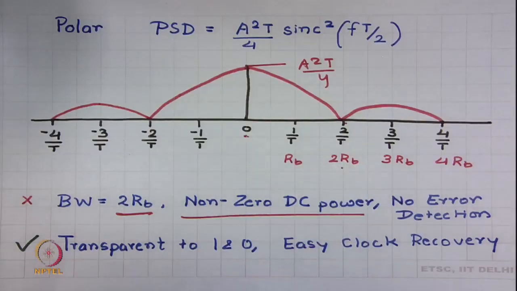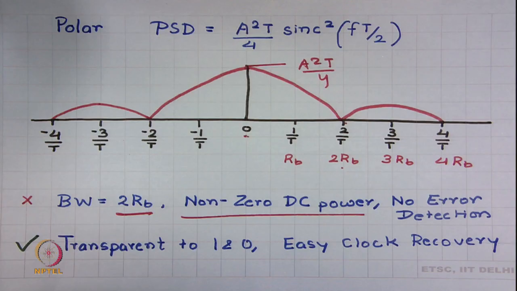That is too much, because the minimum required bandwidth is Rb by 2. Then also it has non-zero DC power, which would not be a good thing if you have a transmission over twisted pair lines which use transformers, or you are using it over a digital communication system which is using AC coupling for impedance matching.